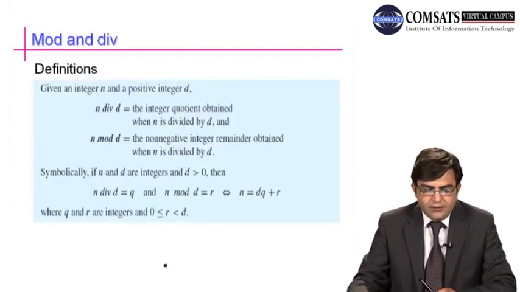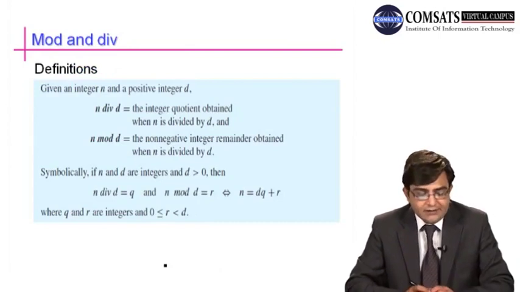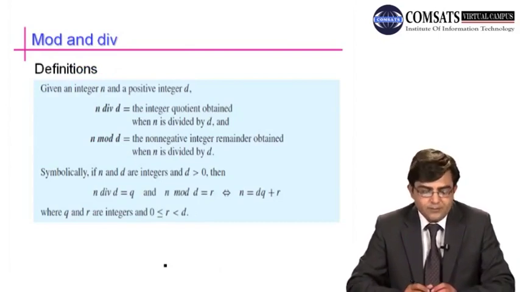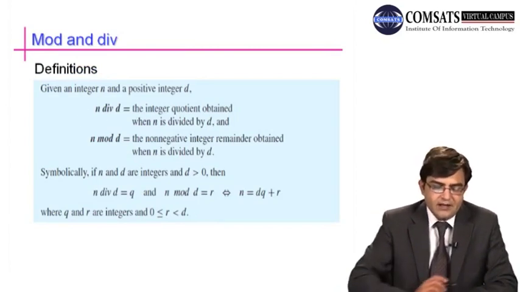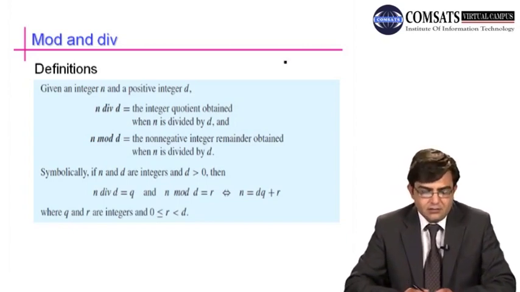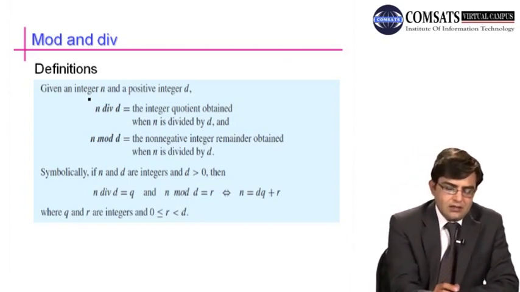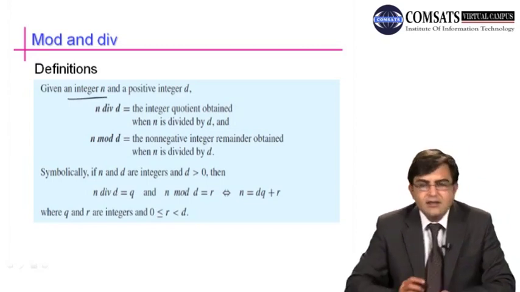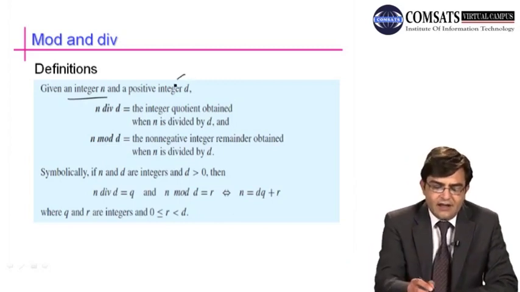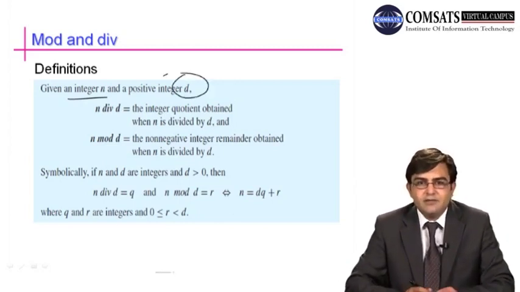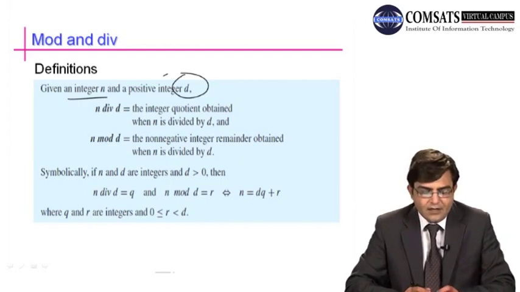Now if we revise the definition of div and mod, we have already seen these definitions. Given an integer n and a positive integer d, you can notice that n can be any integer, positive or negative, but the divisor d must be positive, it cannot be negative.